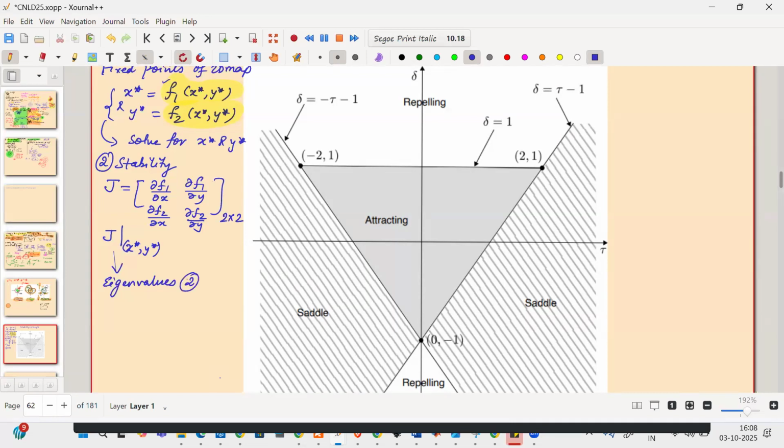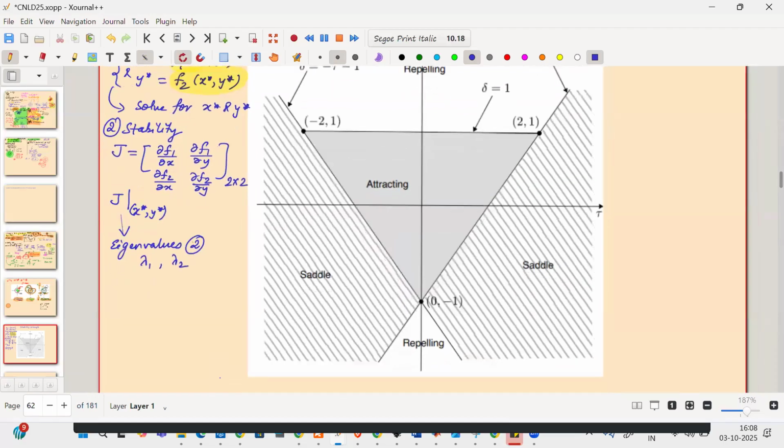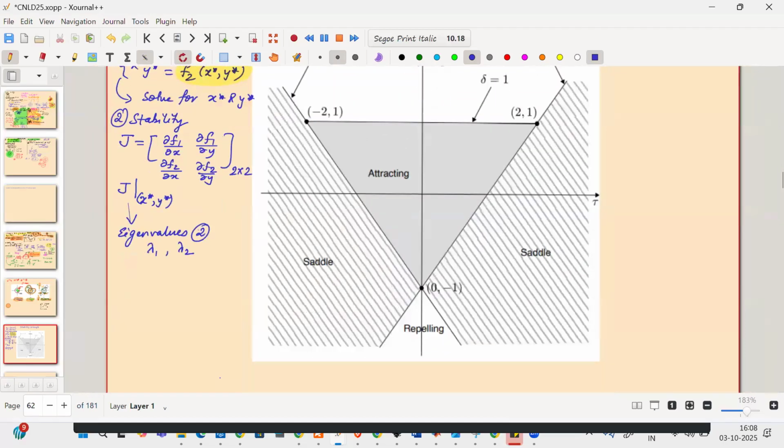Two eigenvalues, lambda 1 and lambda 2, right? Based on the values of lambda 1 and lambda 2, you can classify the fixed point as stable or unstable, right? So the first condition: if both lambda 1 and lambda 2 have absolute value less than 1, then the fixed point (x star, y star) is stable.